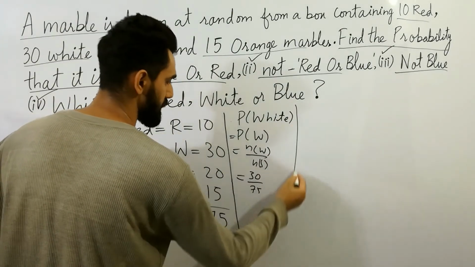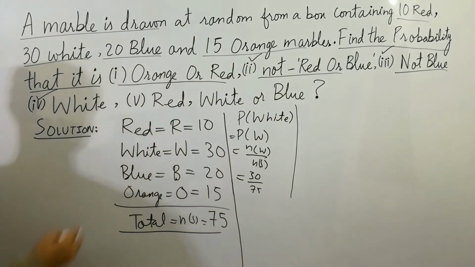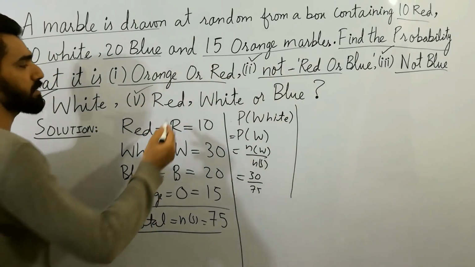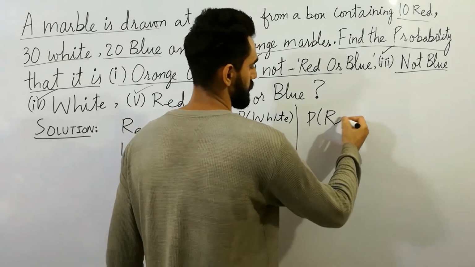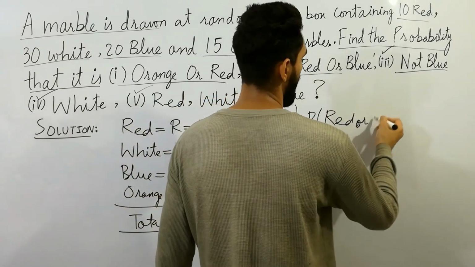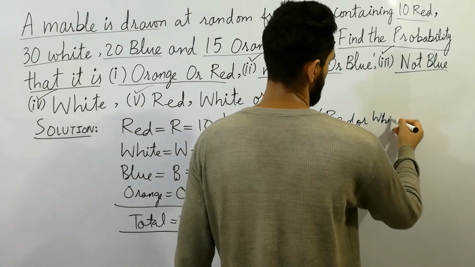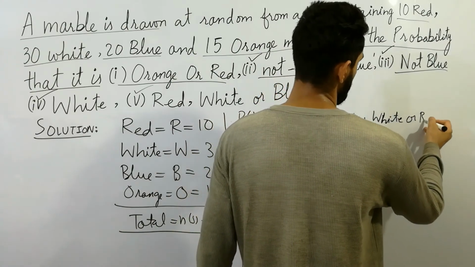And at the last step, the probability of red or white or blue.